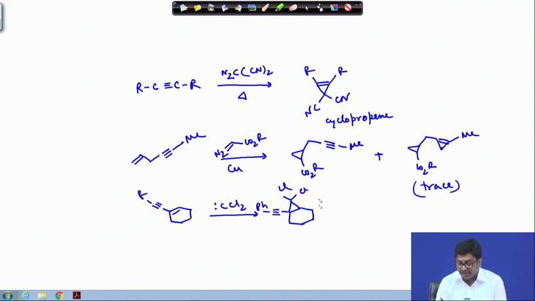Interestingly, this derivative can further lead to a cyclopropenone type of derivative, but under these dichlorocarbene conditions, this enyne type of moiety reacts especially at the olefin moiety. So, these are all the types of addition reactions that we have discussed with the carbene. Thank you very much.